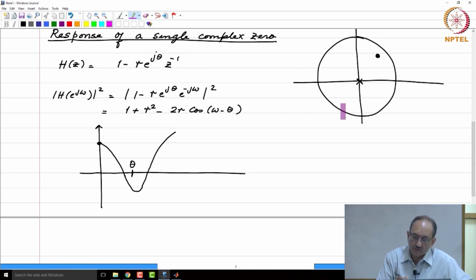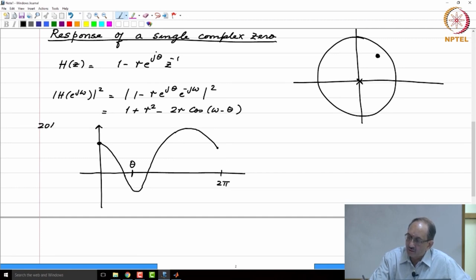At omega equal to theta plus pi, you are farthest away from the zero, and hence you can expect the response to be maximum. And then when you complete the circuit around the unit circle, you will reach exactly the same value at 2 pi, which corresponds to the value at omega equal to 0. So this is the frequency response of a single complex zero, that is log magnitude.